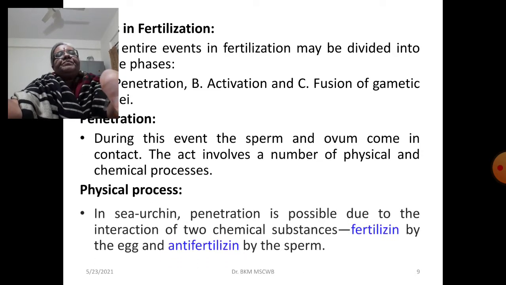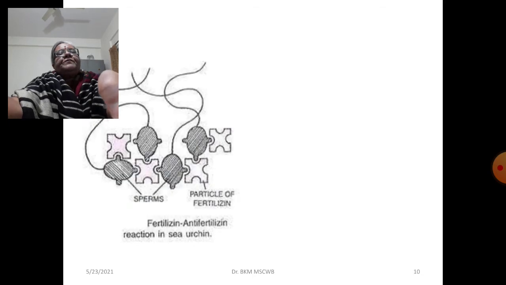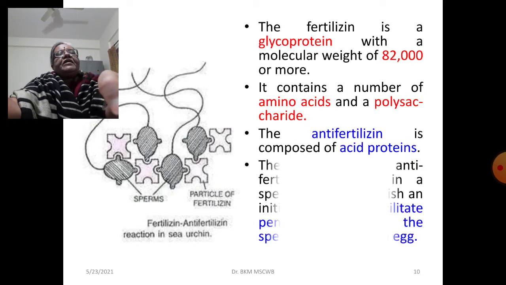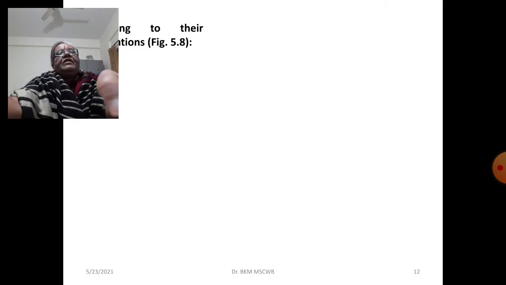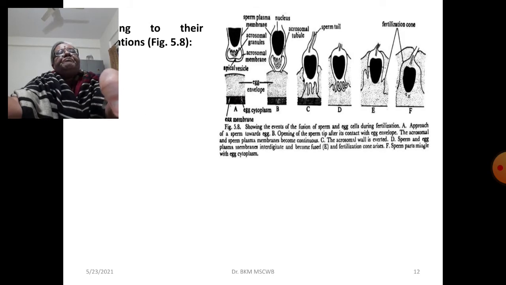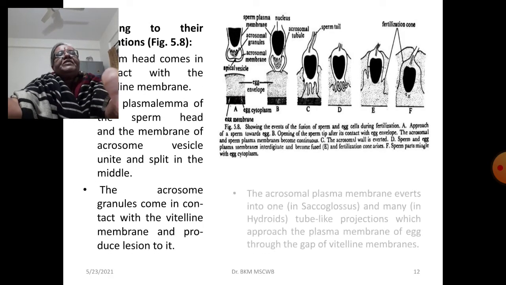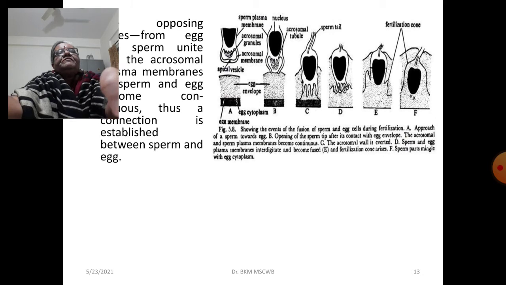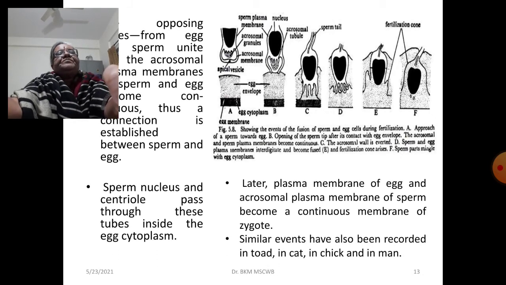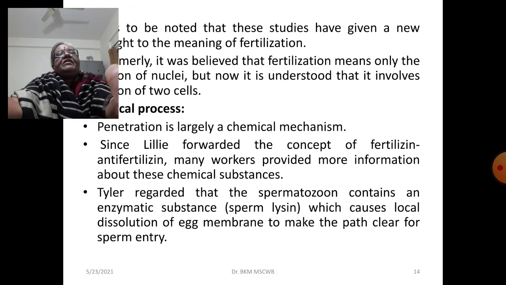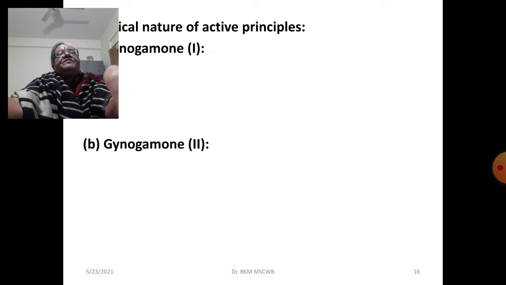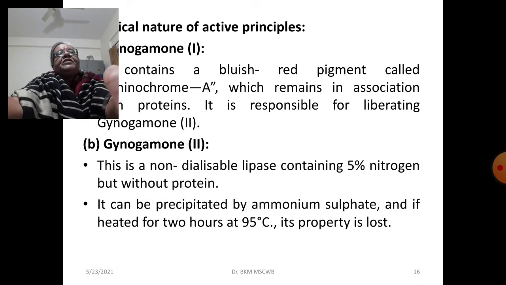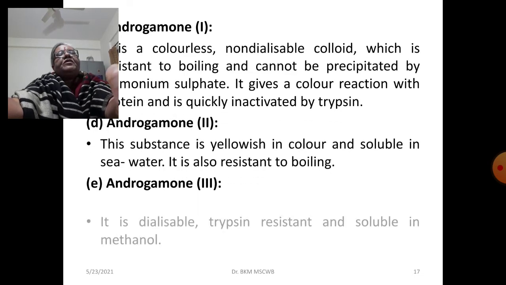So the physical process of penetration, the fertilizing and anti-fertilizing reaction in sea urchin and later found in other organisms also. Then different views, and then what exactly happens during penetration. These are some of the things we discussed in detail yesterday. Then the chemical processes involved, and the precursor of active principles, the concept of androgametes and gynogametes, two types of gynogametes and three types of androgametes.